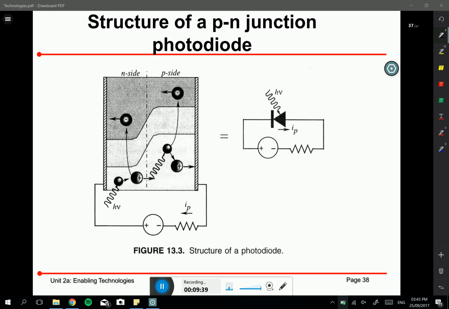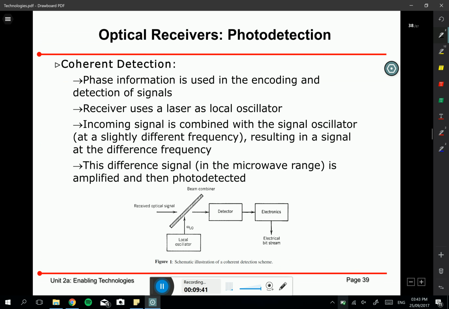The other way by which you can detect a signal, coherent detection, is not by the intensity of the signal, but by the phase. So how do you detect the phase of the signal that you get?